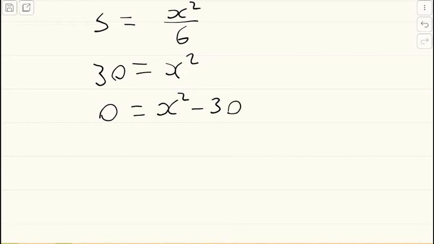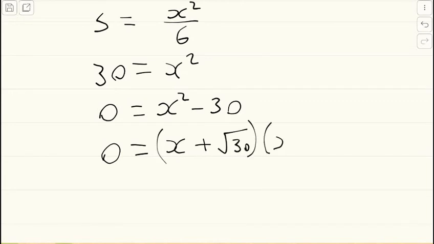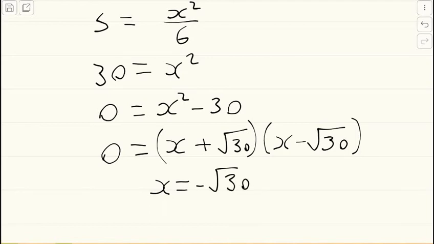Factorizing this by the difference of two squares gives me 0 equals x plus the square root of 30, times x minus the square root of 30, giving me that x is equal to either minus root 30 or x equals the square root of 30.